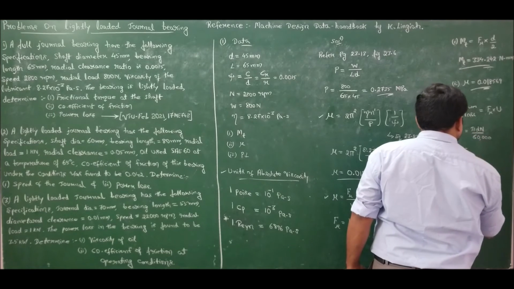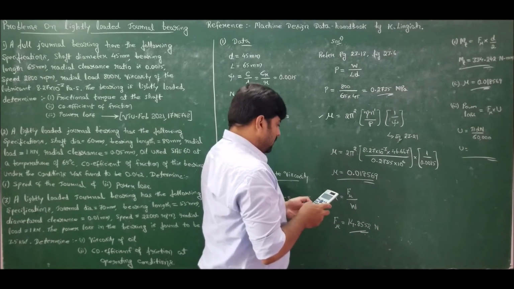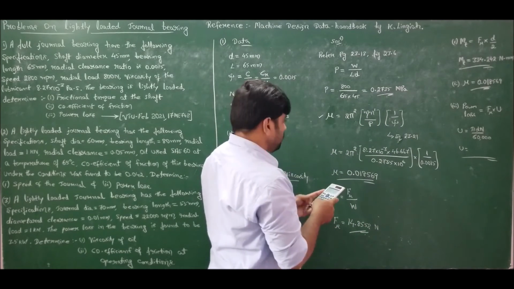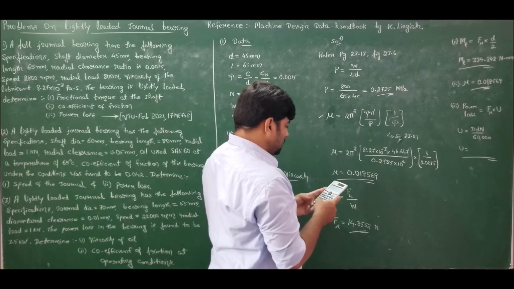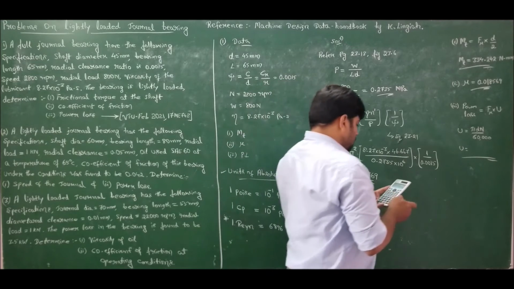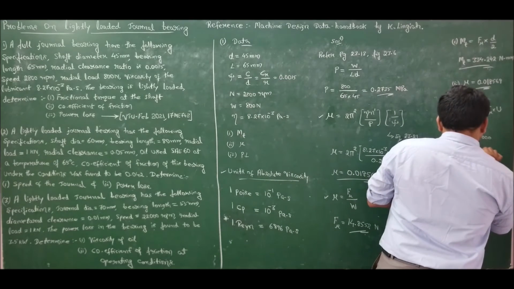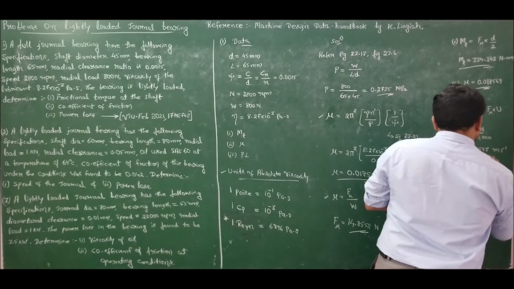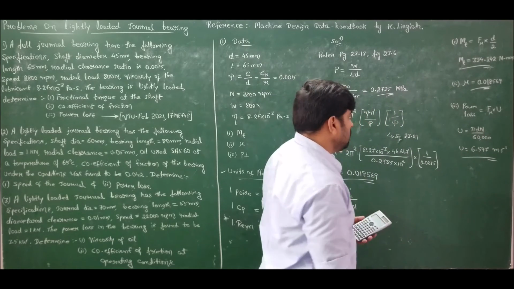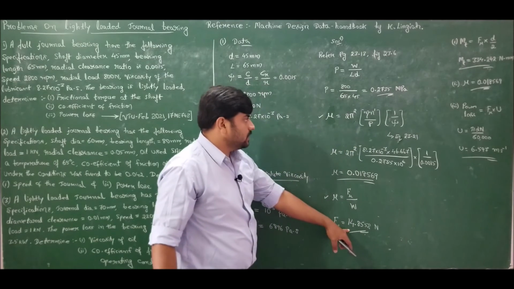We have pi times diameter is 45 mm, speed is 2800 rpm divided by 60,000, which is turning out to be 6.597 meters per second. Frictional force is already known to us, 14.8552 newtons.